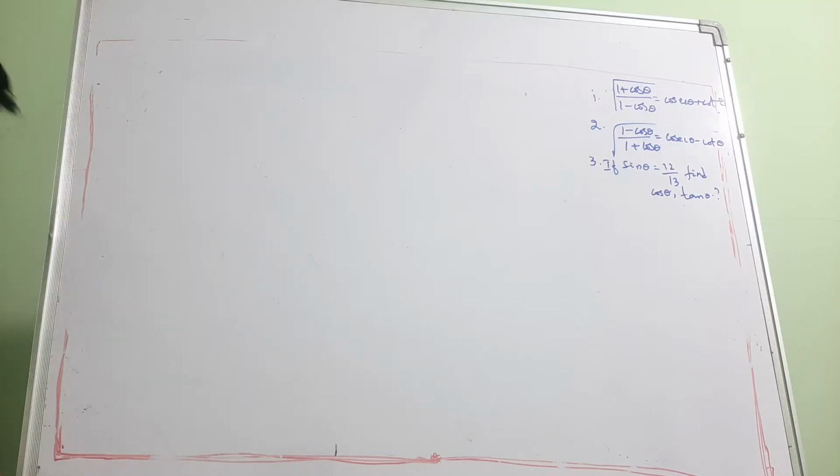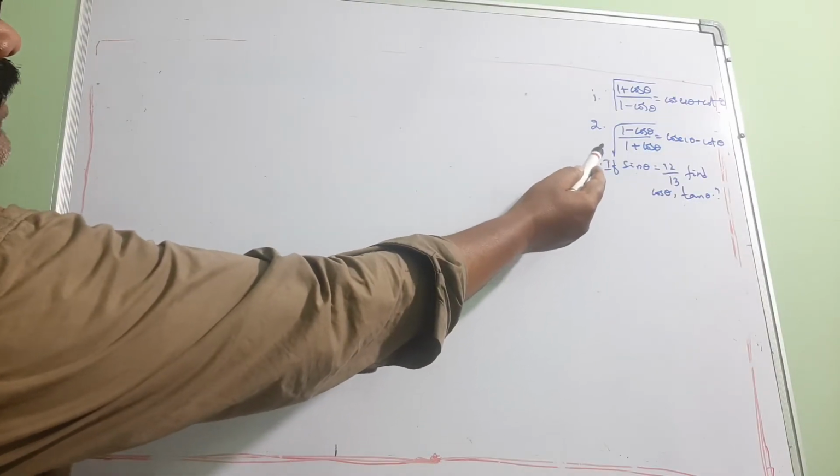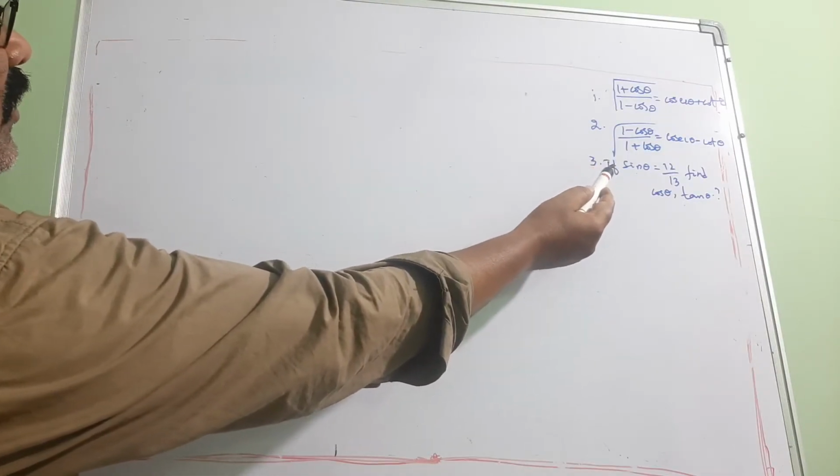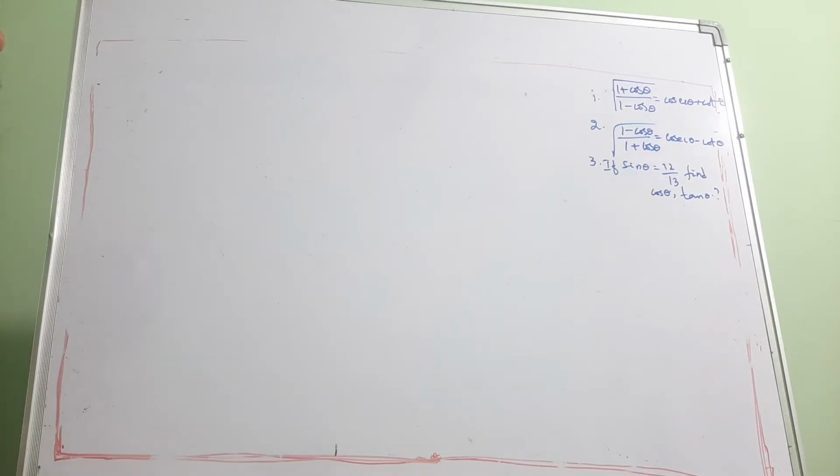Okay children, in the previous problem I explained how to prove that under root of 1 plus cos theta by 1 minus cos theta equals cosecant theta plus cot theta. The second problem: if you observe, under root of 1 minus cos theta by 1 plus cos theta should be equal to cosecant theta minus cot theta.